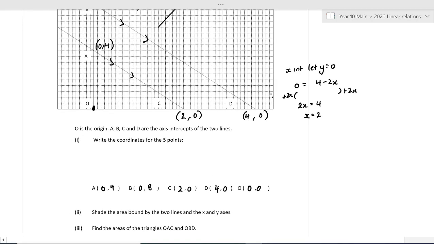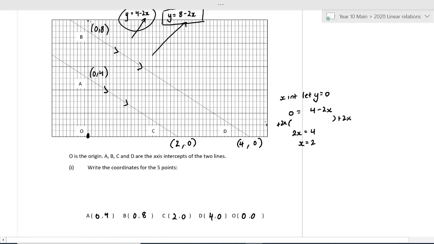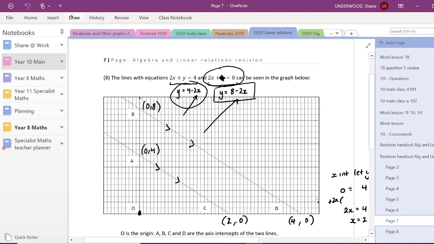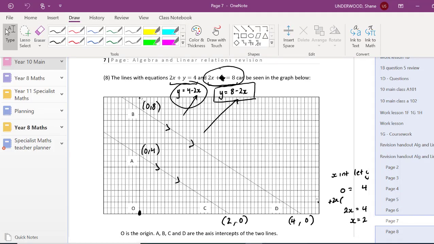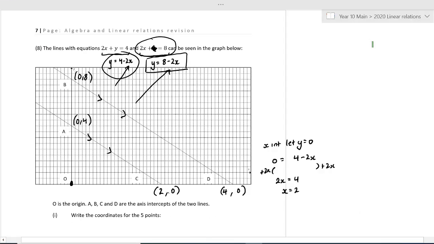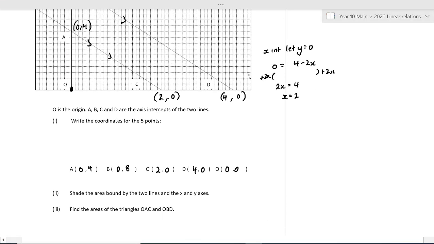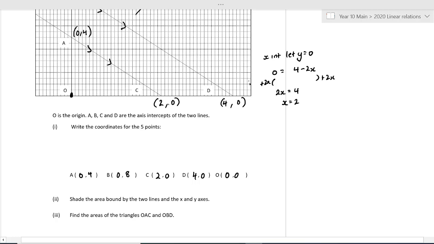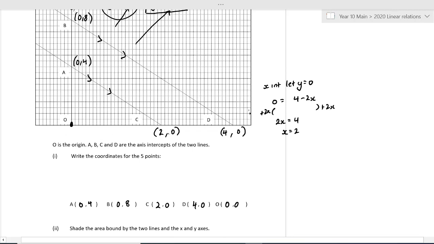Shade the area bound by the two lines and the x and the y axis. Okay, so let's have a look. If I was to do that, let's get my highlighter out. It says shade the area bound by the two lines and the x and the y axis.